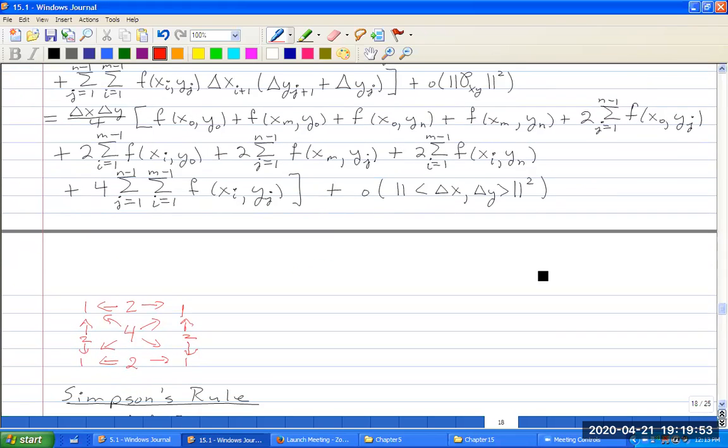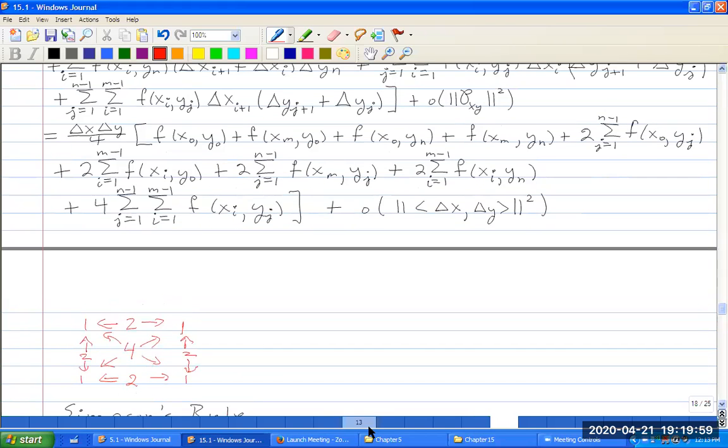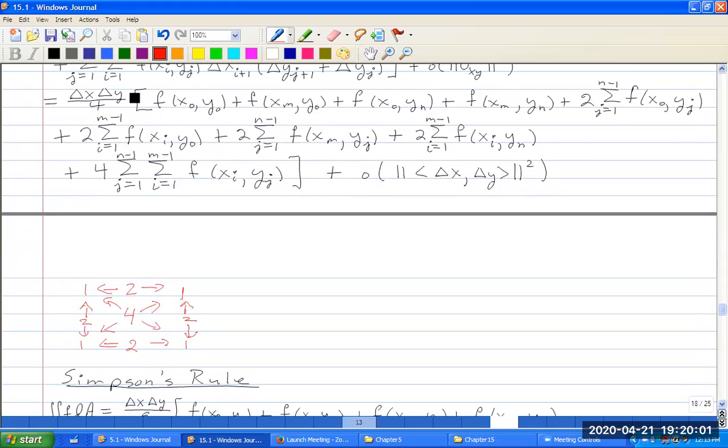So let's look at this visually. It's easier to see it this way. What is the trapezoidal rule? If I look here at a mesh, and let's look at the ith member of this partition.